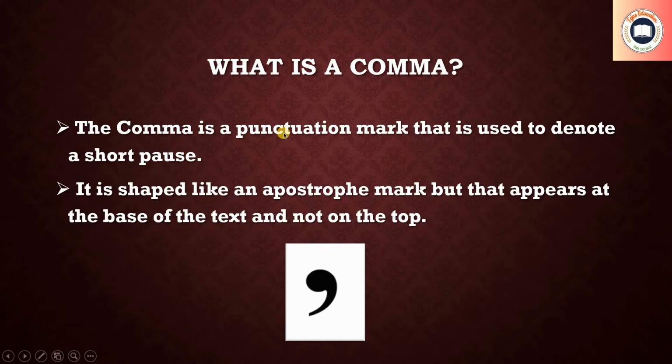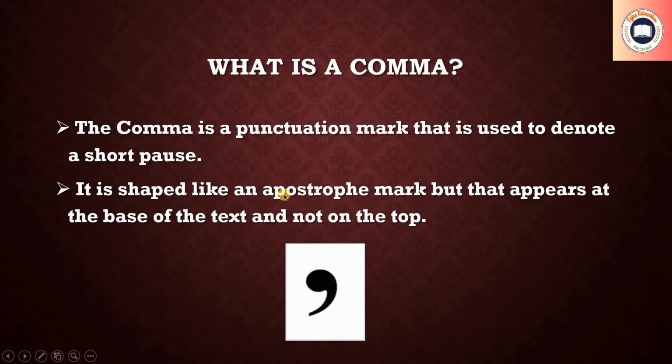So the comma is a punctuation mark that is used to denote a short pause, and it is shaped like an apostrophe mark, but that appears at the base of the text and not on the top. And this is how a comma looks like.